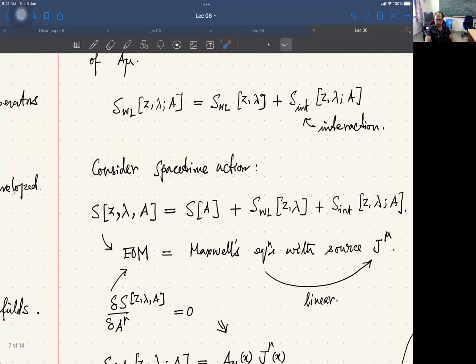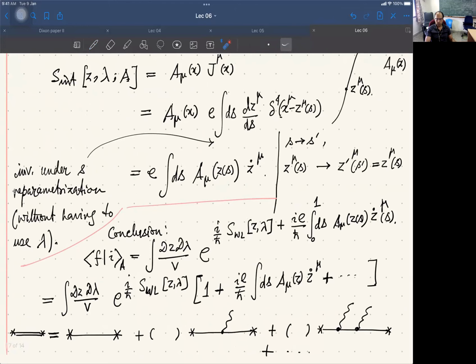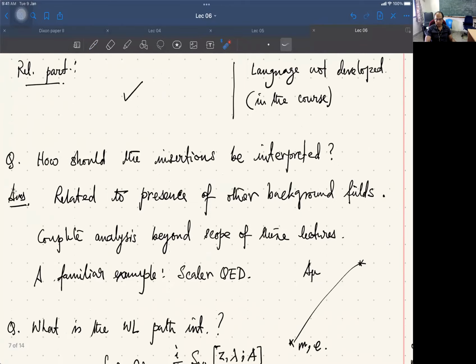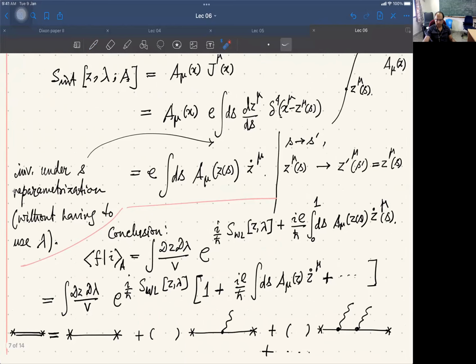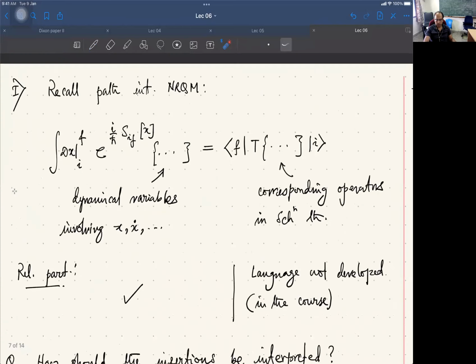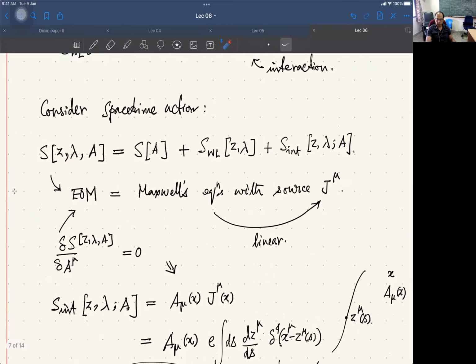What we see here in this argument is that these insertions have some space-time properties, because earlier we had insertions of x, x dot, and so on, and now we are calling it z.